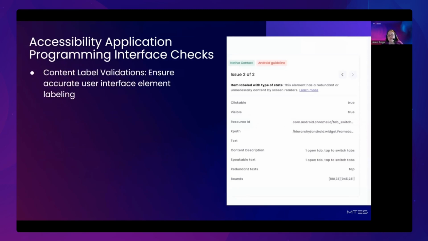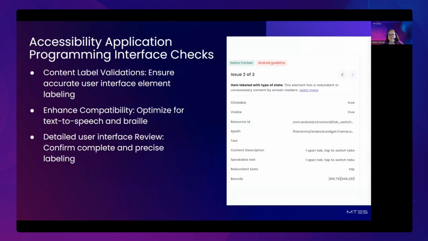So it will check that you're meeting the success criterion. It will optimize and let you change items for text to speech and braille so that it can be more accessible. And also, you have a way to make your labels more precise.